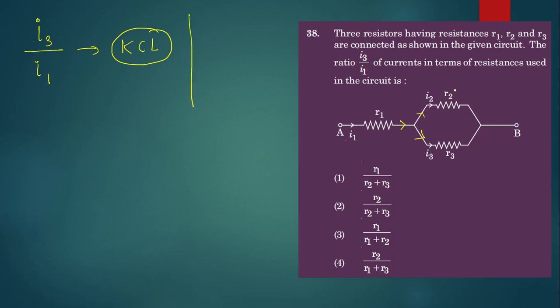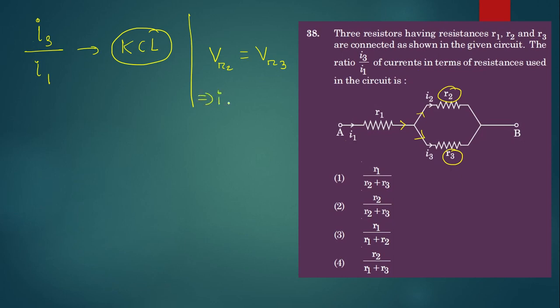Secondly, this R2 and R3, they are parallel to each other. Again, whenever 2 electric components are parallel to each other, then the electric potential drop across them will be equal. So I will start from this point. Electric potential drop on R2 equals electric potential drop on R3.